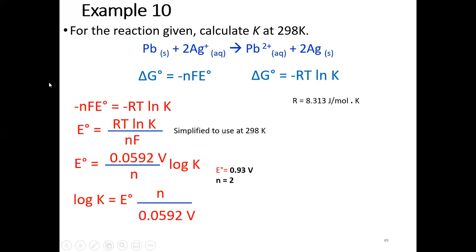Okay, so this is another derivation that is valid where we have the E cell directly and the number of moles of electrons passing in the redox reaction. So that is one thing that we can use. We can simplify our expression to calculate the K, because we know delta G is equal to minus RT ln K. This is an expression for delta G where the electrochemical means are going to be used.